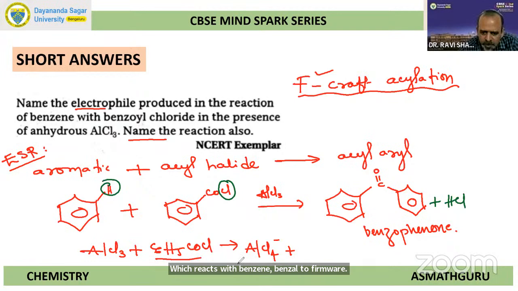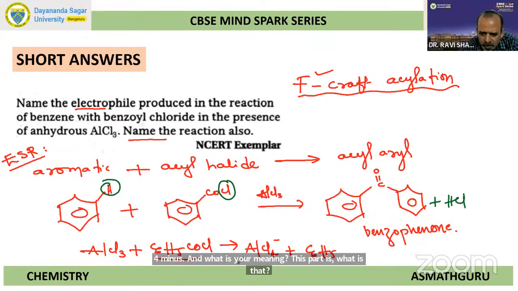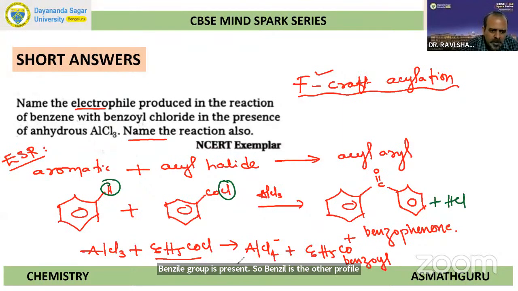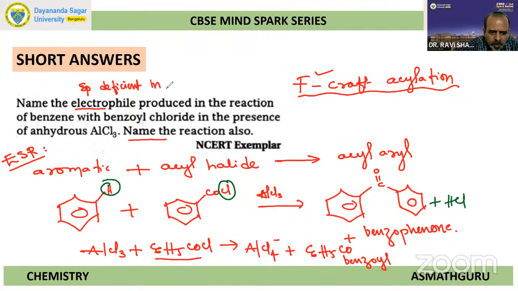C6H5CO plus. This group is called the benzoyl group. So benzoyl is the electrophile. What is an electrophile? A species deficient in electron, that means electron is less. So they usually have what charge? Positive charge.